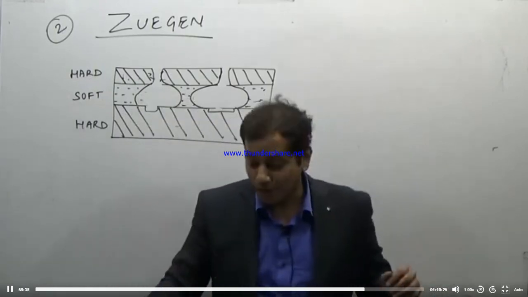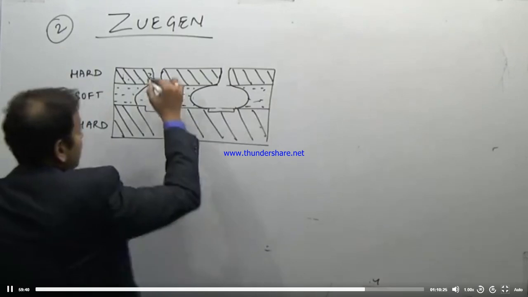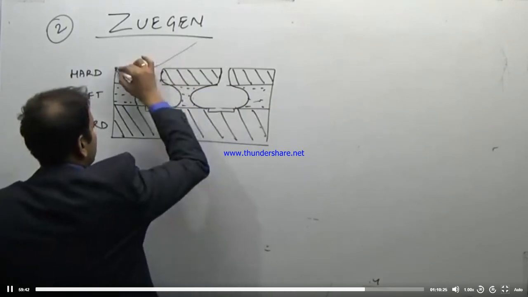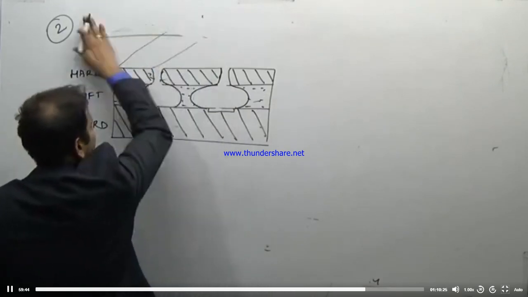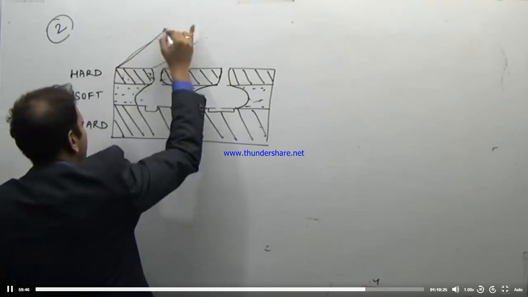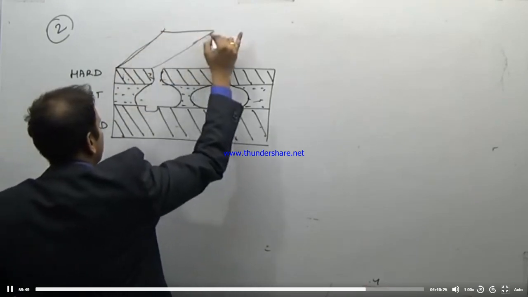Now what is the importance? These Zeugen serve as important highways, because if you try to look at the 3D diagram, they will look somewhat like this.